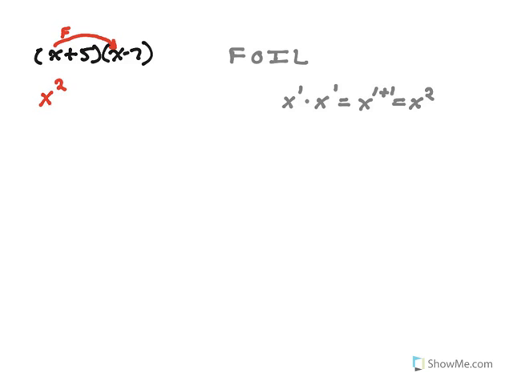That's the justification behind it. I can go ahead and color code this as well. So that is your F. The next thing I want to do is the outside. So we're going to take x and multiply it by the 7.